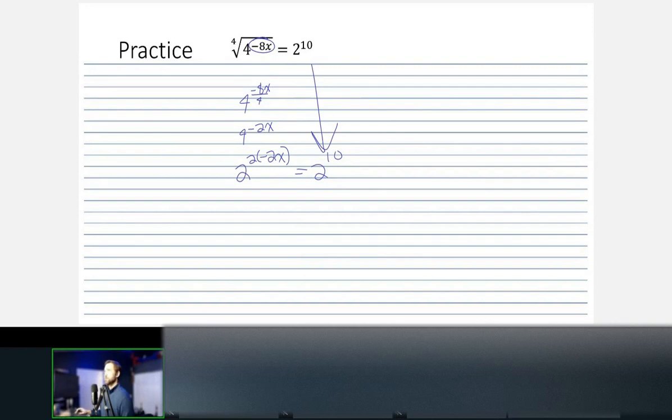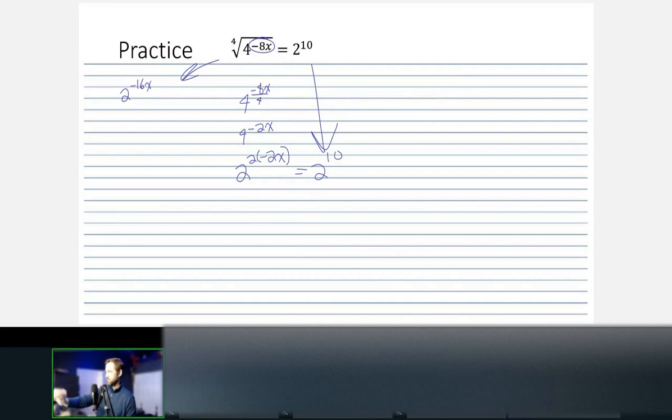Now we could have dealt with this 4 at the beginning and done 2 squared times -8x to get -16x. So just off to the side, we could have rewritten that as 2 squared, and so 2 times -8x is -16x.